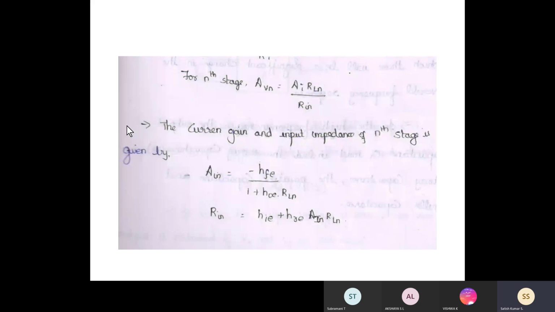And this is the way to find the cascaded amplifier voltage gain. Similarly, we have to go for other parameters, the current gain and the input impedance of your nth stage.